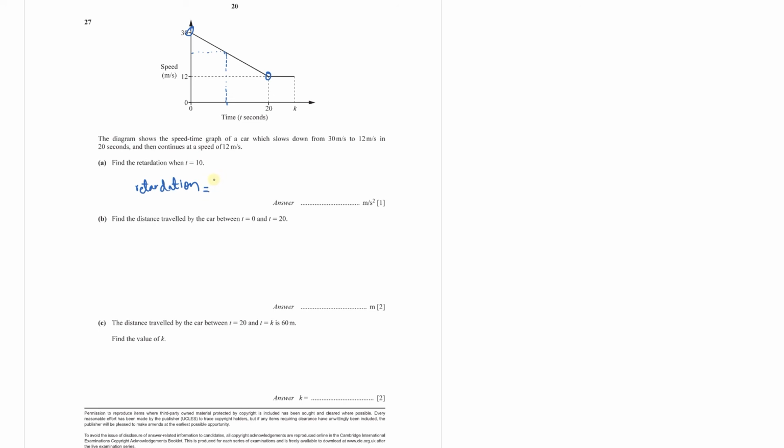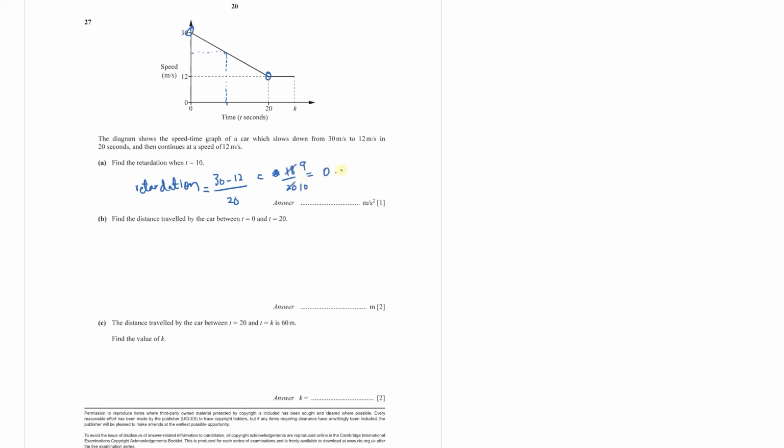So retardation is change in value of y, so it will be 30 minus 12, and then change in x-axis is 20. So you will get a retardation, 30 minus 12 is, sorry, 18 over 20, which would be equal to 2 times 9 over 2 times 10.